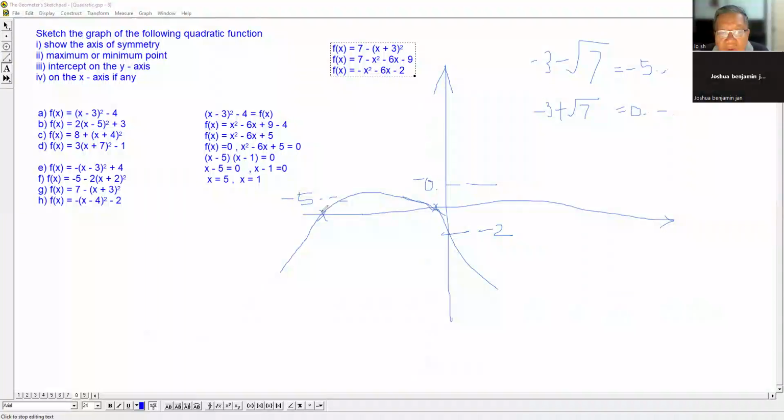But sometimes you don't have these two points. Sometimes you solve the quadratic equation and get no answer, so then it cannot be. So this is how you're going to draw, right?